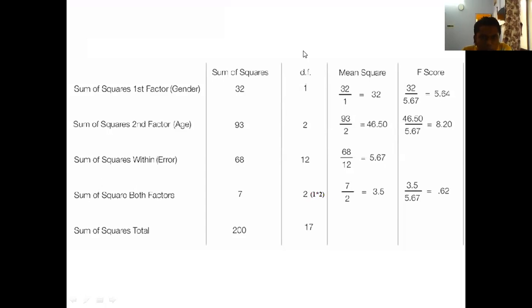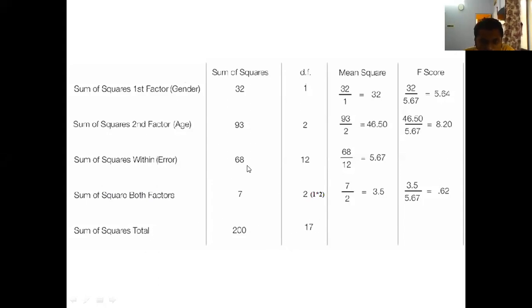This table you need to formulate. Sum of square between, first factor is gender; sum of square between for age; sum of square within, this is error; sum of squares for both the factors; and this is the sum of square for total.